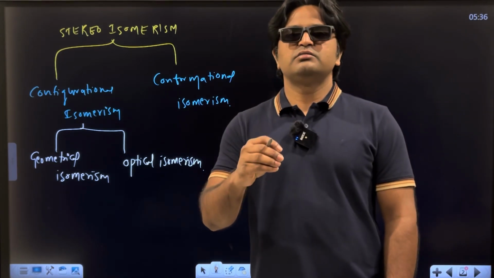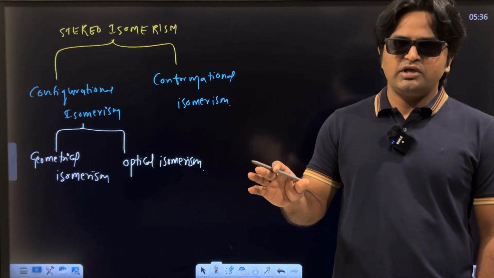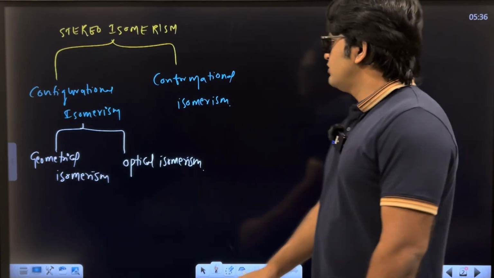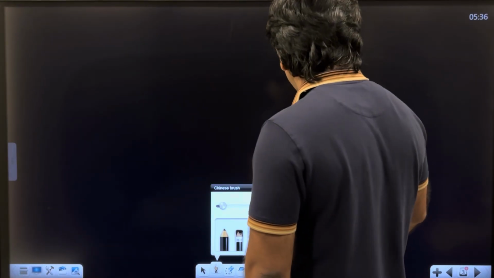Again, configurational isomerism has two types: geometrical isomerism and optical isomerism. Clear? Fine. Now we are discussing geometrical isomerism, so I am going to take geometrical isomerism first.